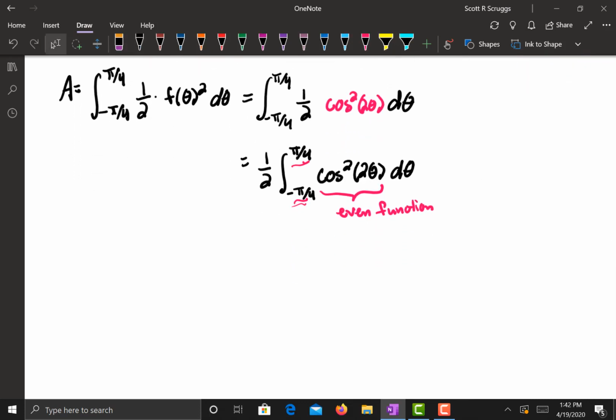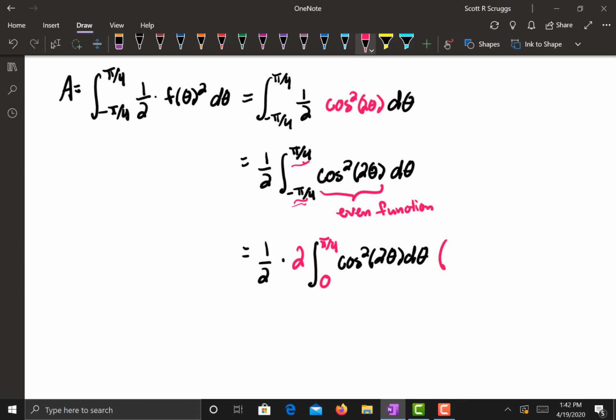Meaning, I can use my properties of symmetry that we learned in Calculus 1 to essentially say that integral equals 2 times the integral from 0 to pi over 4 of cosine squared of 2 theta d theta.